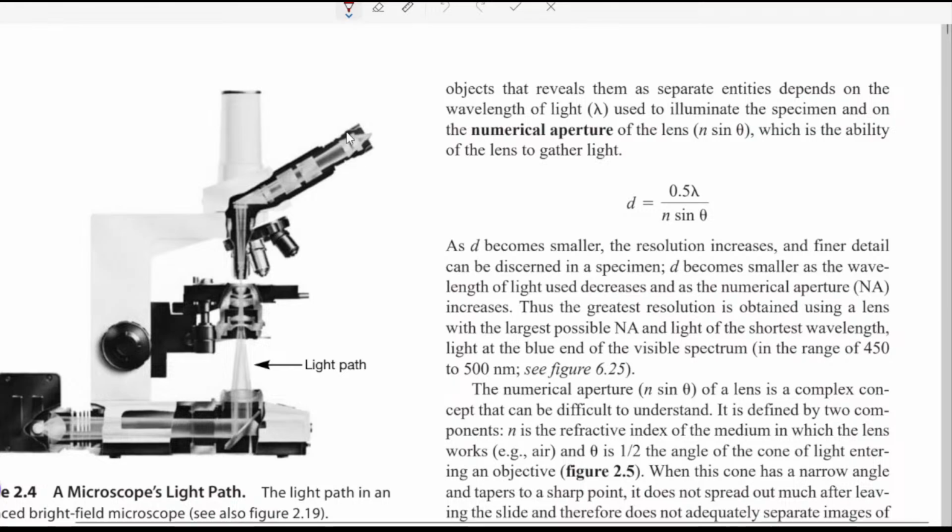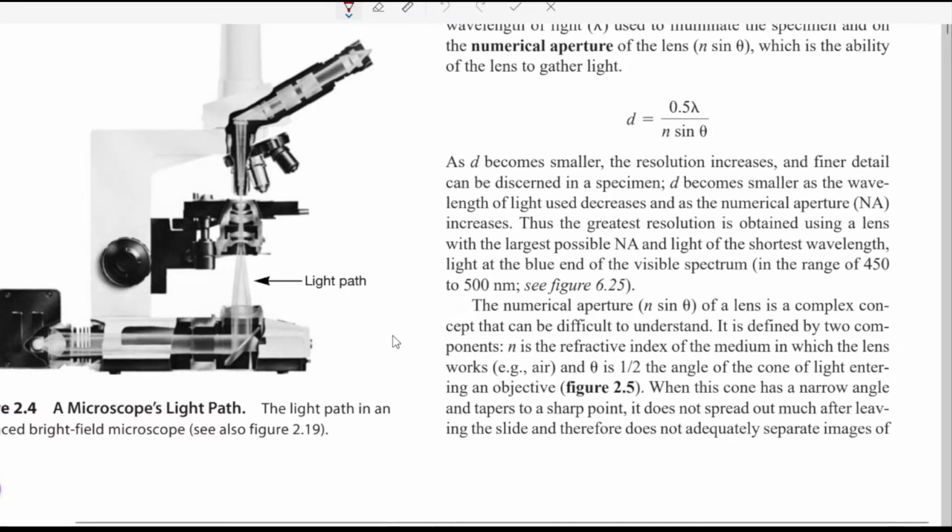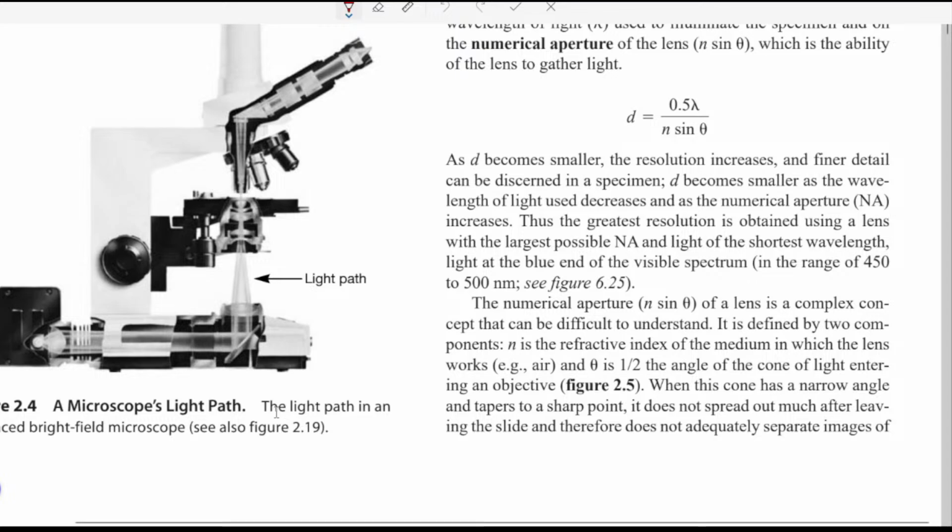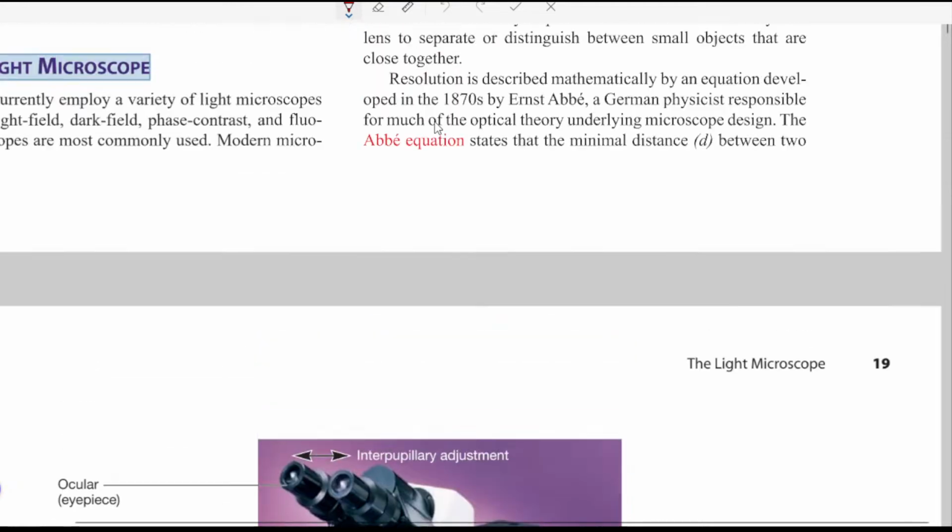And if you look at this lens again, it changes the focal length of the light that came from the objective lens below and makes it even more magnifiable to our eyes. Right. The light path in an advanced bright field microscope. We know how it works on the inside.